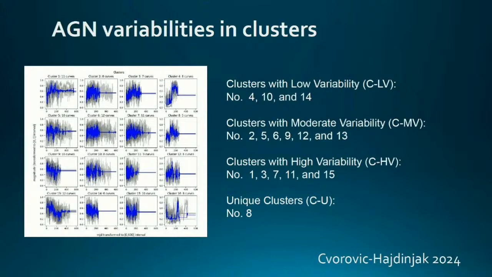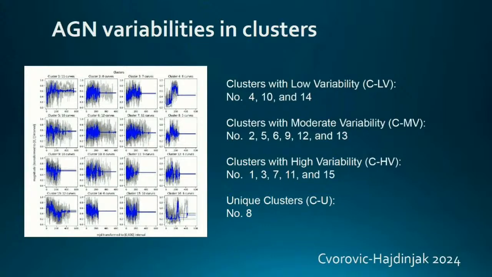So here are these 16 clusters, and what is important to note is that we can group and characterize them with different properties of variability. For example, a few clusters were denoted as clusters with low variability, then we have moderate variability, high variability, and for example, cluster number 8, this one, is showing a unique type of variability.